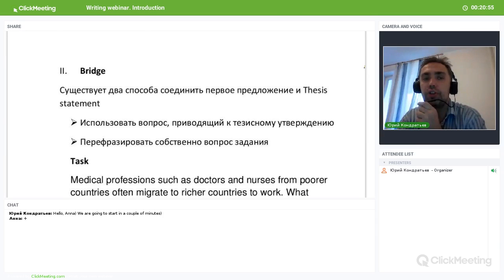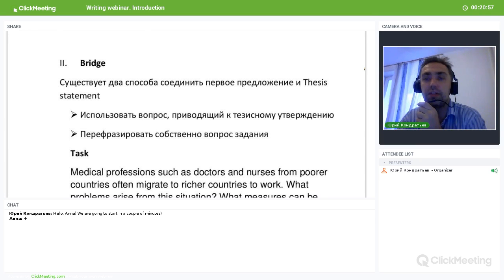The next is the bridge, and again, there are two basic ways how you can connect the first sentence and the thesis statement. You can use a question that leads you up to the thesis statement. Or you can actually paraphrase the question from the task.